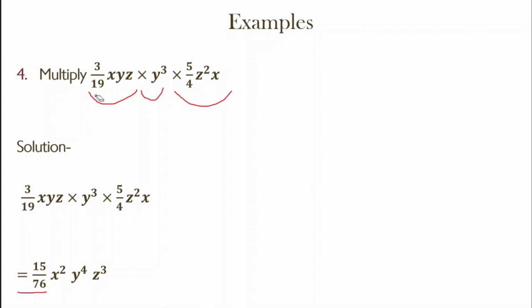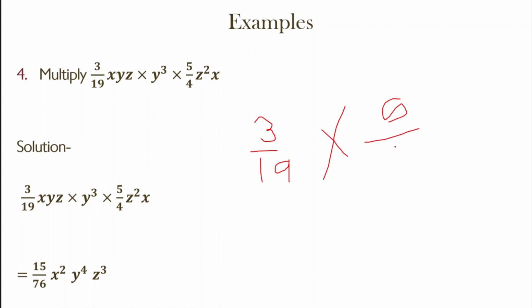Now the second rule says multiply the numbers together. The numbers are fractions, 3 over 19 and 5 over 4. If you can cancel, you simplify; if we cannot, we simply multiply. So 3 times 5 is 15 and 19 times 4 is 76. That's how we got 15 over 76, right?